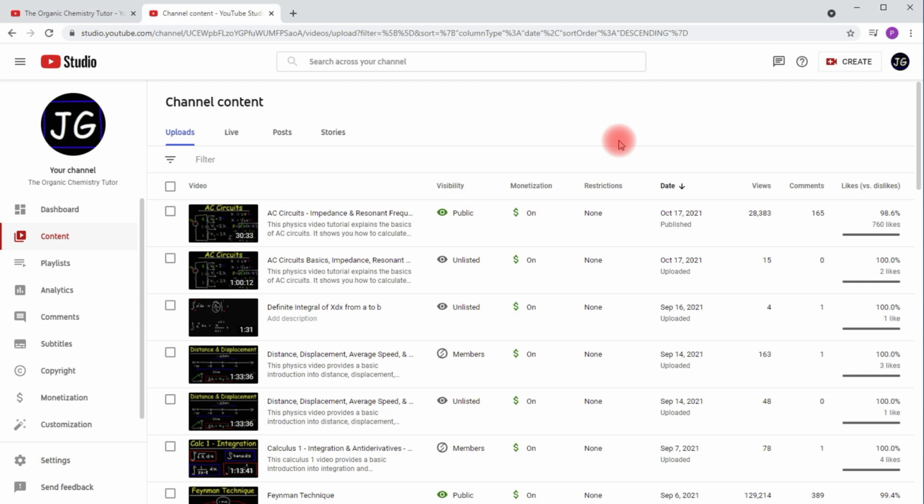Those actions are telling YouTube that, hey, this could be a good video. And so they may want to promote your video to other people who may want to see it. They may promote your video on the suggested section, which you could find on the right of a YouTube video, or they may even promote your video on their homepage.